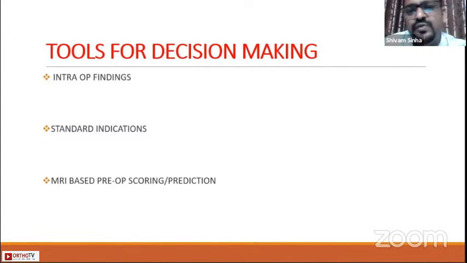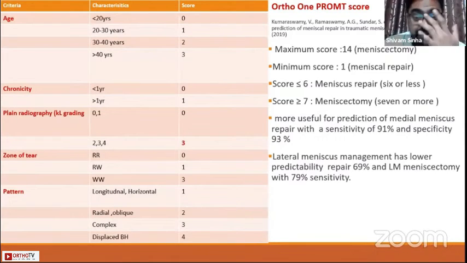So what are the tools surgeons usually have in deciding what to do? The present knowledge, what standard indications are, and the intraoperative findings. And we also have some MRI-based speculations or predictions. And this is one of the tools which was recently published in 2019 by alumni from our institute, in KSSTA, known as the Ortho One PROMPT score from Ortho One hospital.